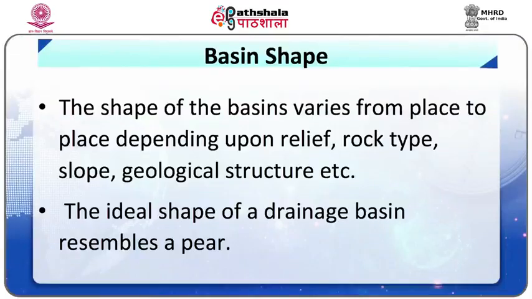Now we will discuss a few aerial aspects of morphometric analysis. These are basin shape, basin area, drainage frequency and drainage density. Let us start with basin shape. The shape of the basin varies from place to place depending upon relief, rock type, slope, geological structure, etc. The ideal shape of a basin resembles a pear.